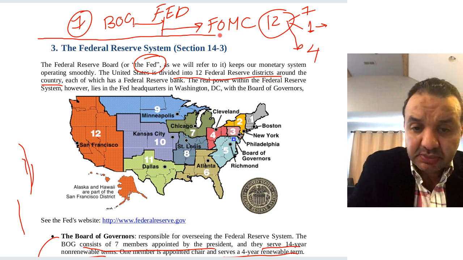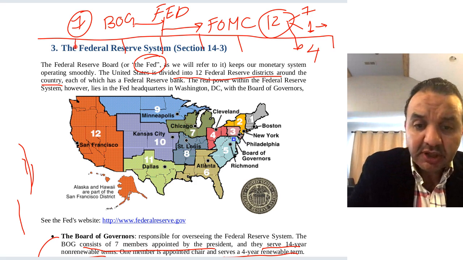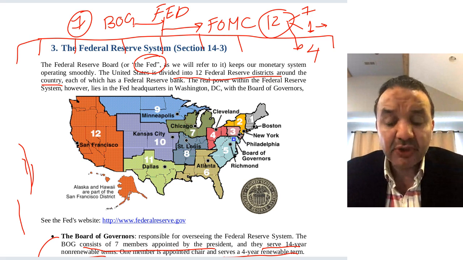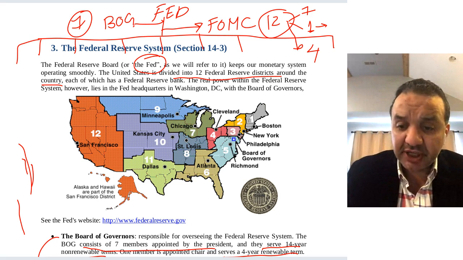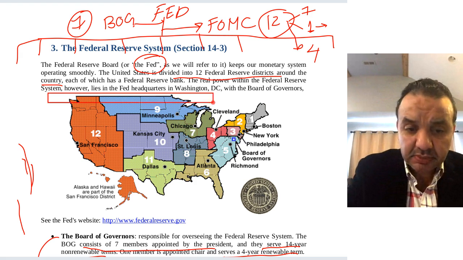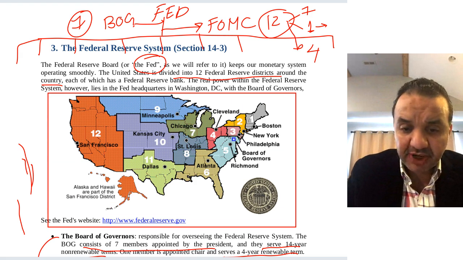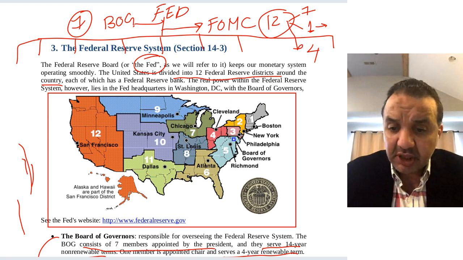Okay, and let's continue the structure of the federal bank. There are 12 federal banks around the United States. Let's look at this map of the United States.